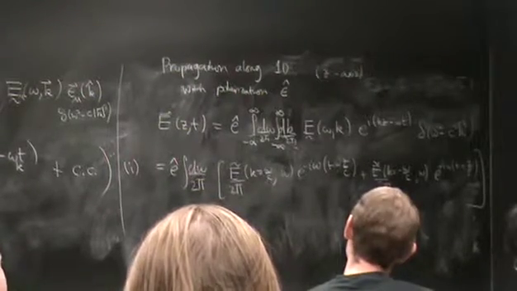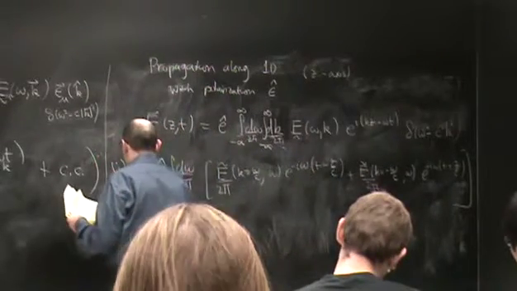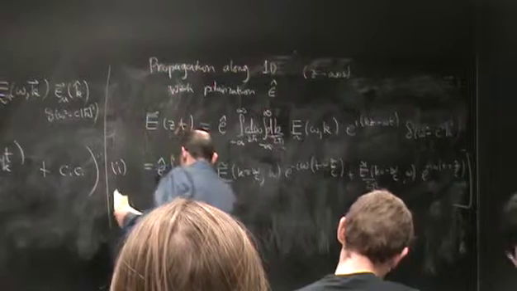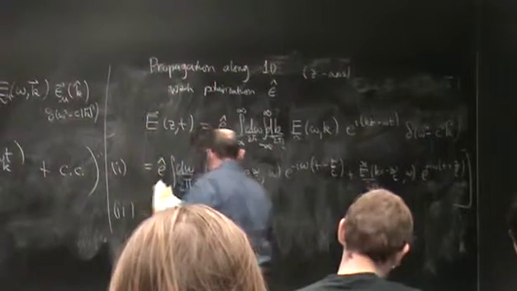Okay. Choice number 2: I do the integral over omega, taking off the delta function, and leave the integral over k in the general form. Let's write that out as well.